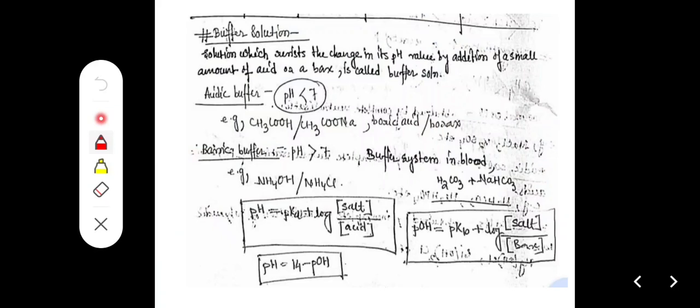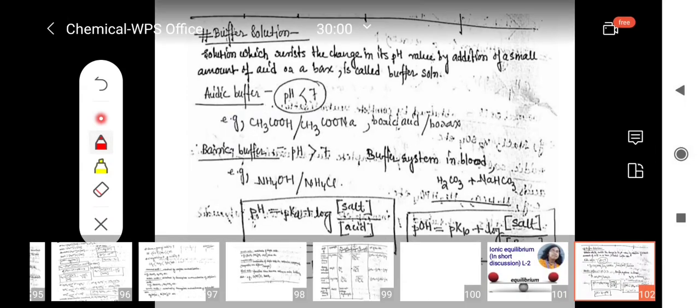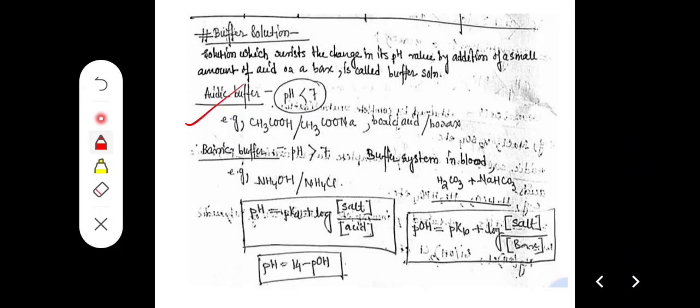If greater than 7, the solution is definitely a basic solution. If less than 7, the solution is definitely an acidic solution. Acidic solution means pH less than 7.